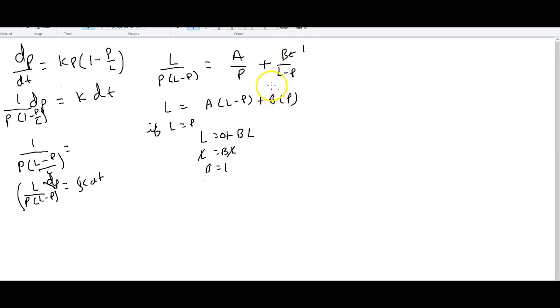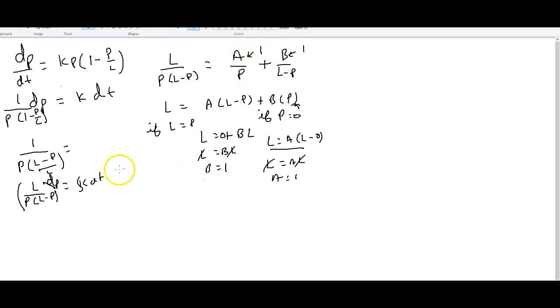And then if I move forward and I go, okay, if P equals 0, to make this one equal to 0, I get L equals A times (L minus 0). So this becomes L equals AL, L's cancel out, and I get A equals 1 as well.